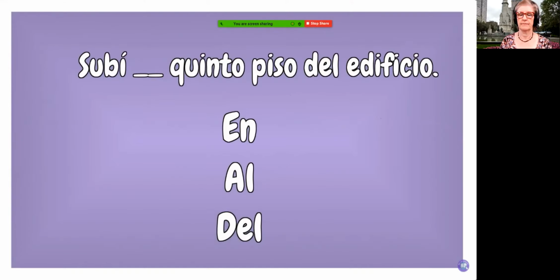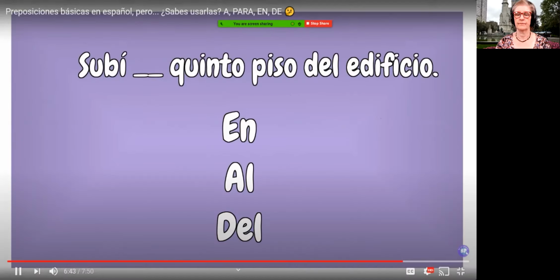Y la última oración. Subí en, subí al, subí del 5º piso del edificio. Quinto piso es el piso floor of a building, número 5, en el orden de 5. Okay?